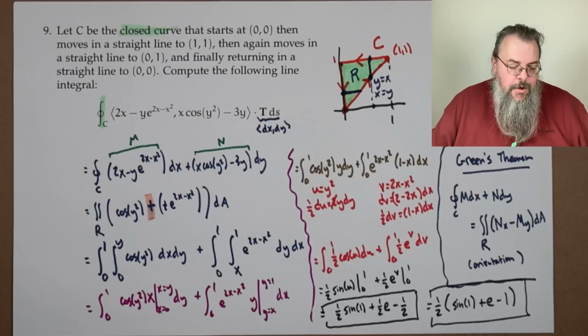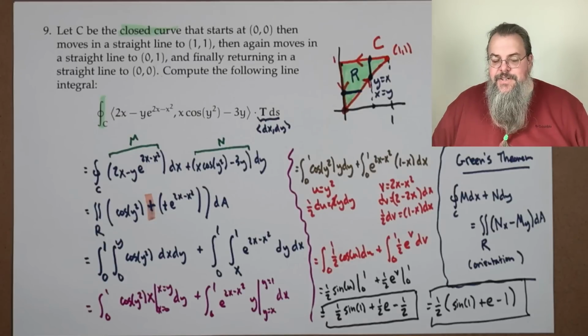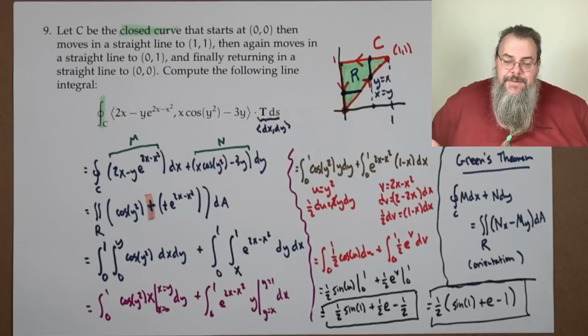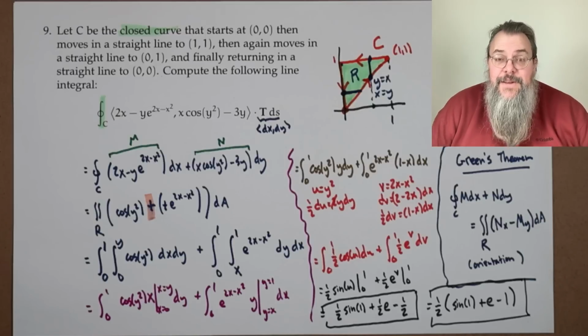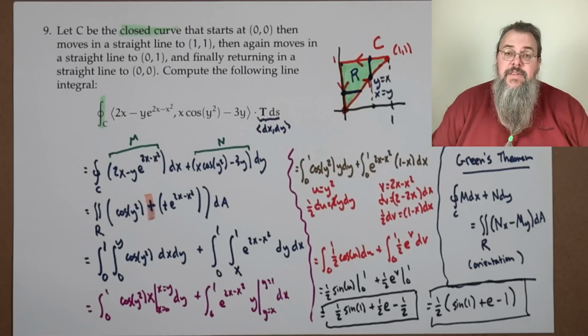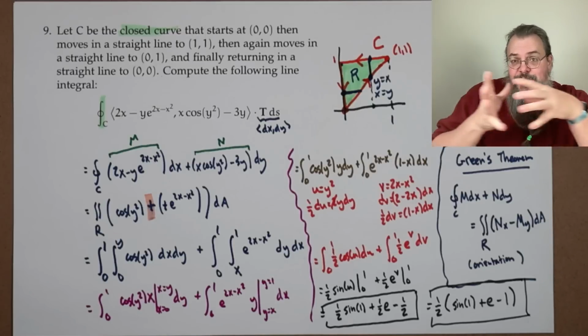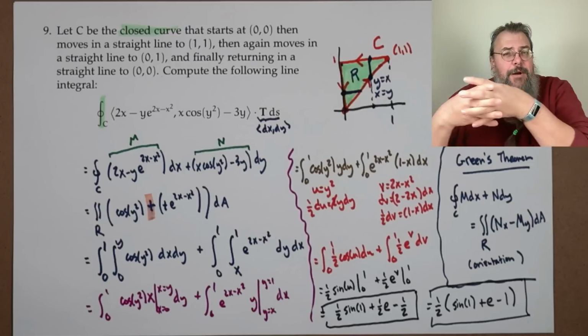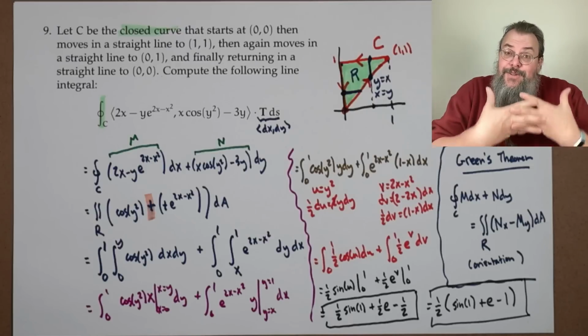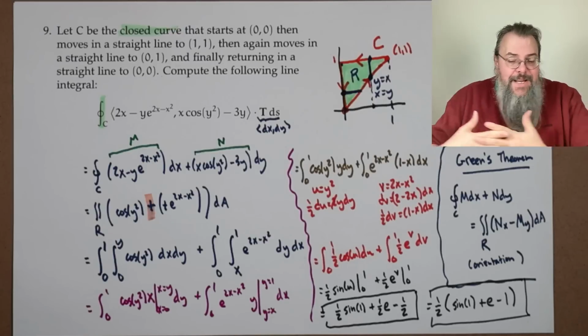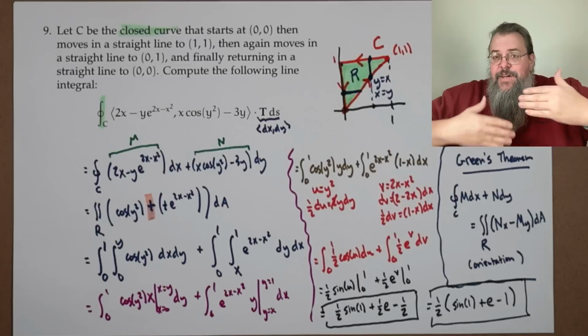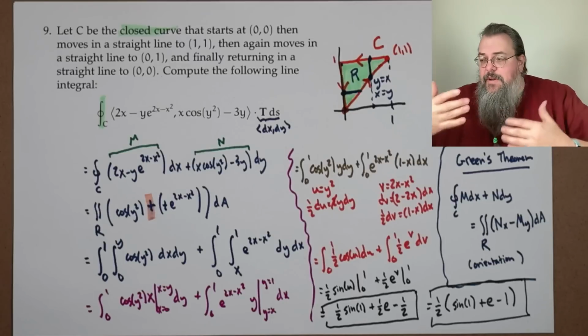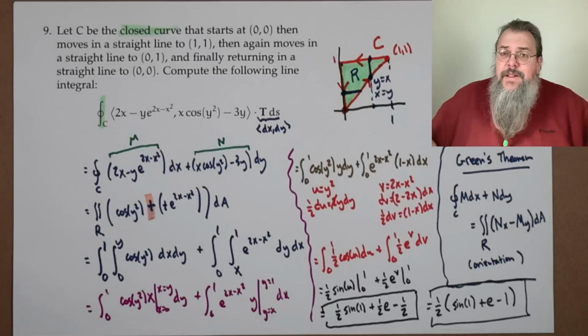All right. Good. It's fun, right? Seeing how all these ideas blend together. Because, yeah, sure, you have a Green's theorem which turns it into a 2D problem. But once you turn that into a 2D problem, you still have a 2D problem. And sometimes you might say, well, what's the right order of integration? Sometimes you might say, oh, let me use polar. They love polar, by the way.